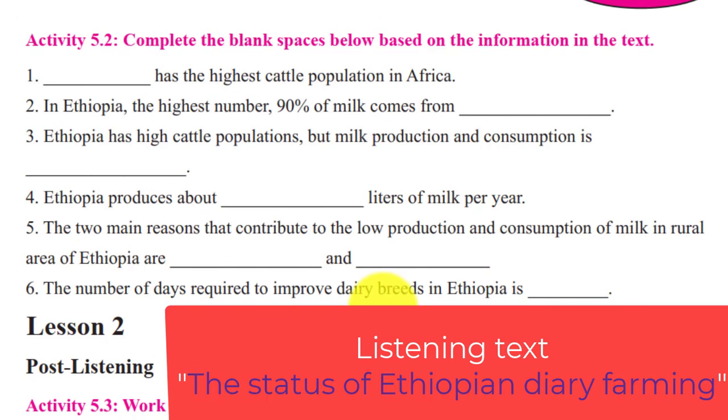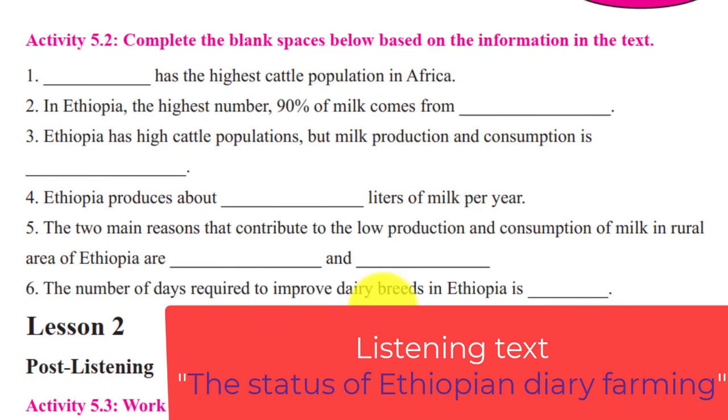The country produces about billion liters of milk per year, but per capita consumption is very low, estimated at about 20 liters, though rising consumption levels in Addis Ababa have brought it to about 40 liters. The Food and Agricultural Organization recommends that the per capita consumption of milk be about 200 liters, meaning 22 billion liters of milk is required.